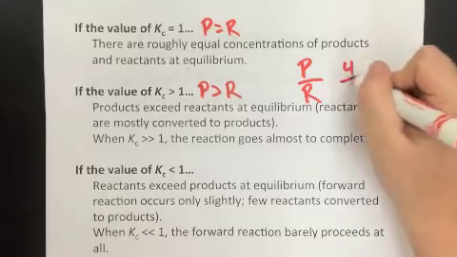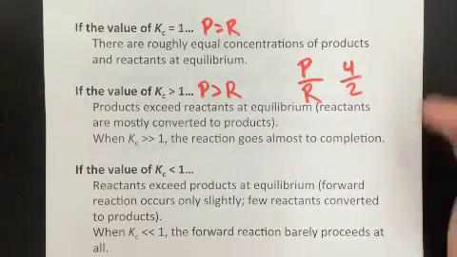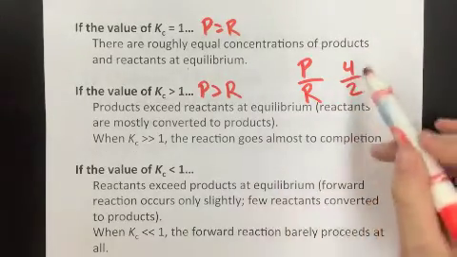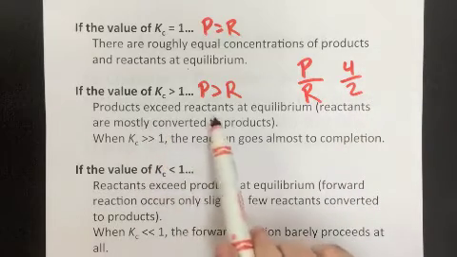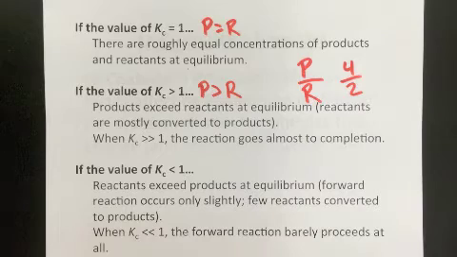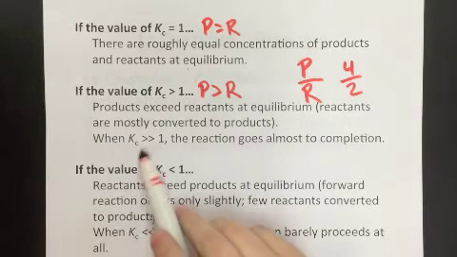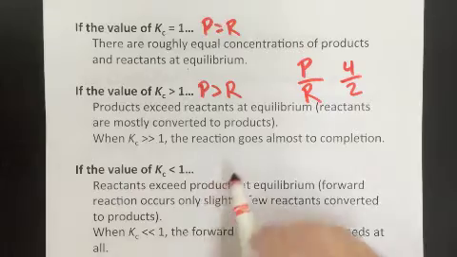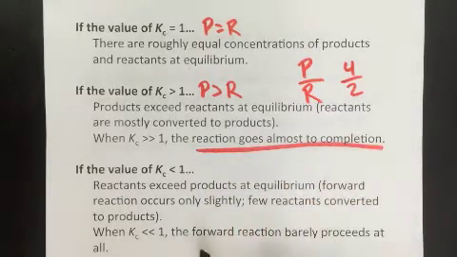So for instance, 4 divided by 2 is greater than 1. The top has to be bigger. So products exceed the reactants at equilibrium. There's going to be more products than there are reactants. Now if the Kc is a lot greater than 1, this means that the reaction goes to almost completion, meaning you have hardly any reactants left and you're mostly at your products.